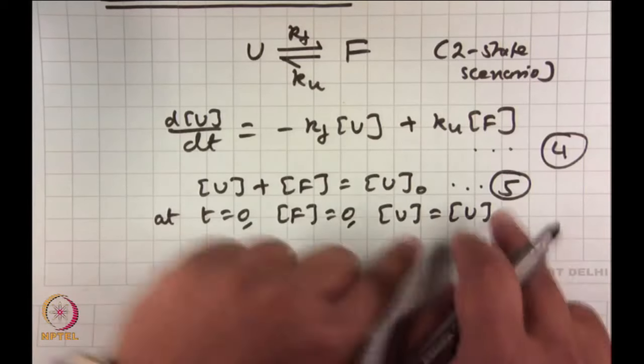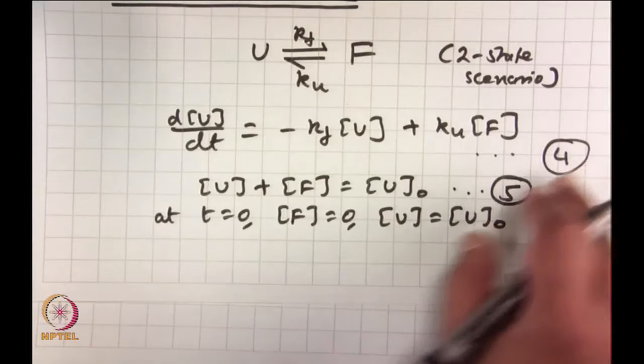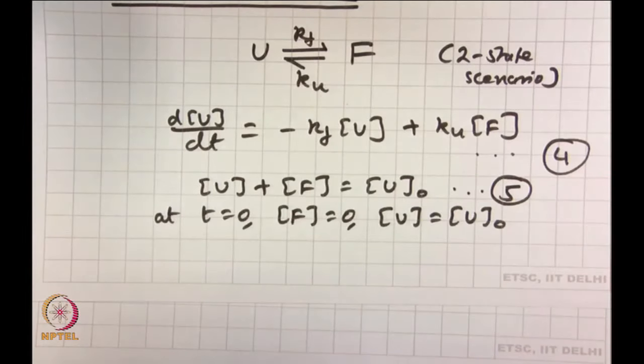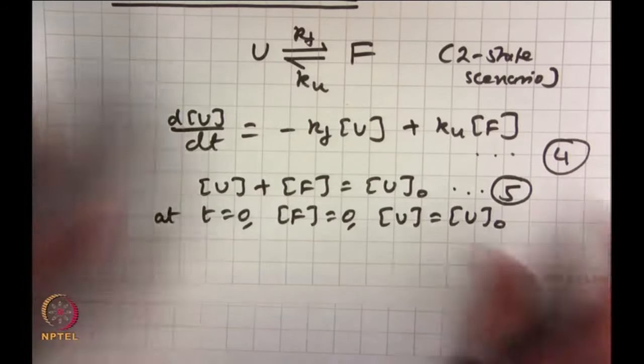So, then I can use 5 and put it in 4. My rate is in terms of d u over d t, so I would try to replace f by u and u naught, that is essentially what I am trying to do.